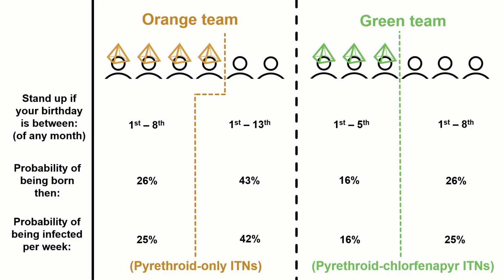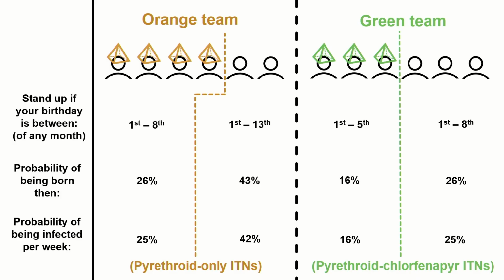Now I want to emphasize, I'm talking about infections here, I'm not talking about cases. It's just a little bit easier to translate into this context in the room than actual cases. You will have far fewer cases per week, but broadly speaking, when you have more infections, you have more cases. It's not a linear relationship.